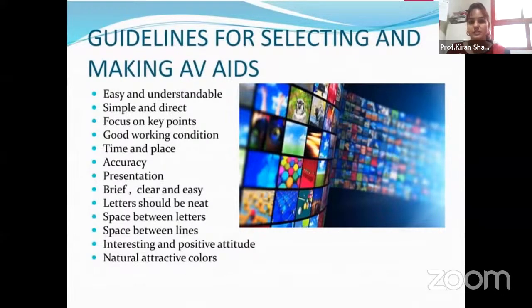It should be interesting, with a positive attitude, natural, and you should use attractive colors. For the heading and the whole topic, we never use red color because it gets reflected. So these points we have to take care of.